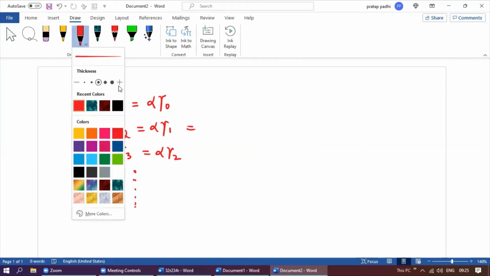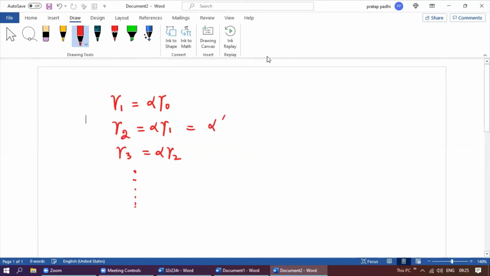From here we'll write alpha, and gamma 1 you write alpha gamma naught. That will be alpha square gamma naught, and here alpha, in gamma 2 you write alpha gamma 1.